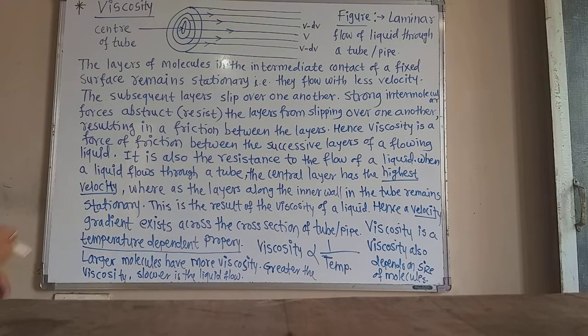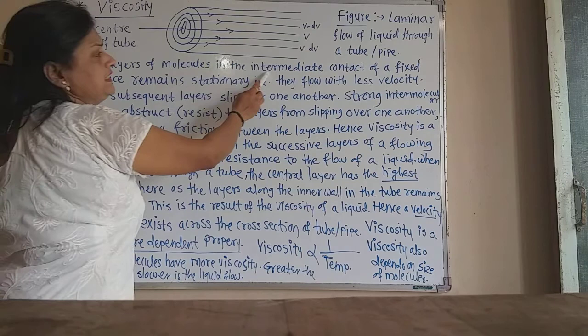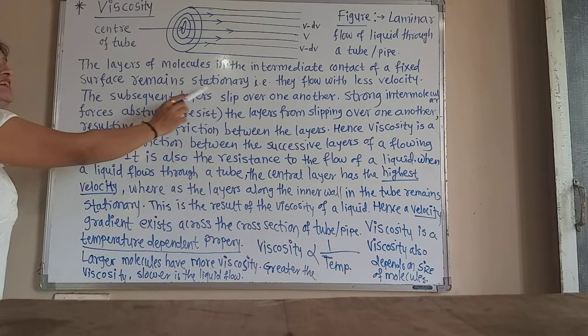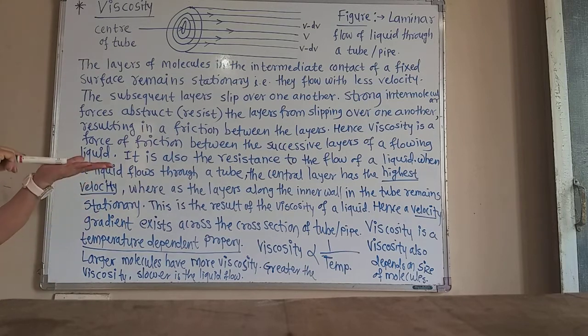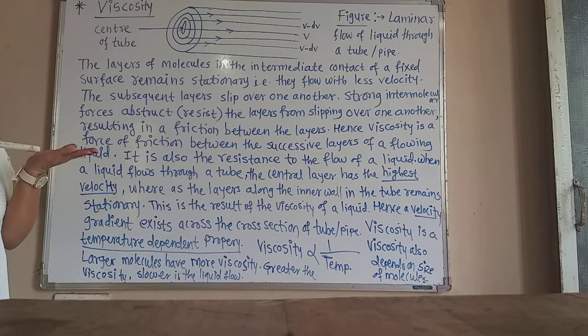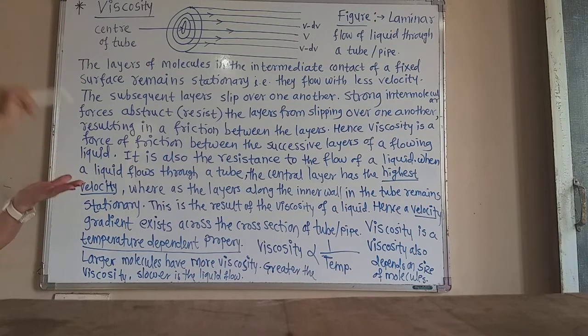Now we know that the layers of molecules in immediate contact with a fixed surface remain stationary. I told you that the first layer, just in contact with the fixed surface, remains stationary, and that is why it flows with less velocity.